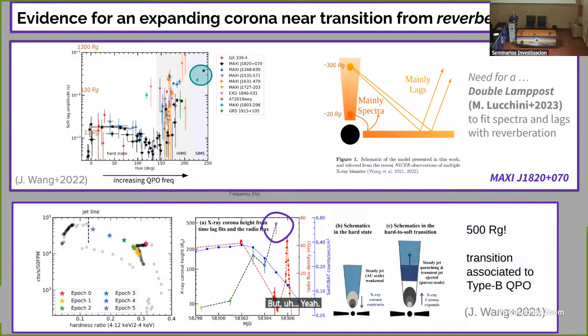It also puts other parts of the information into context, like the radio data in the transition, or what we learn from there, right? So there is no definitive answer in this. But they also lead to large corona sizes.